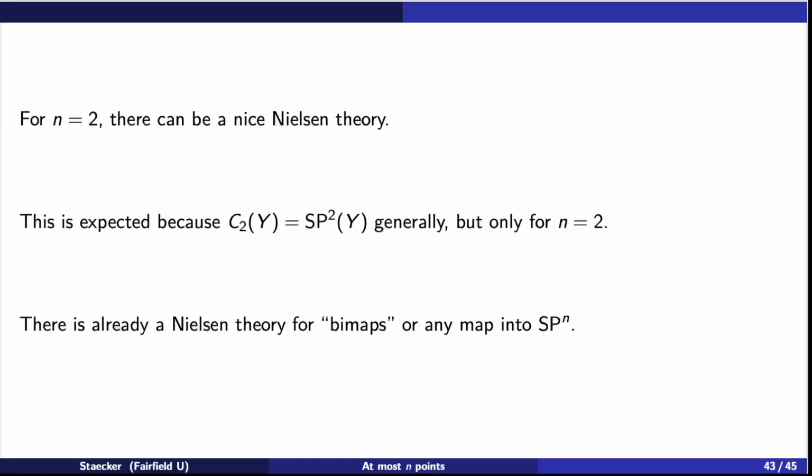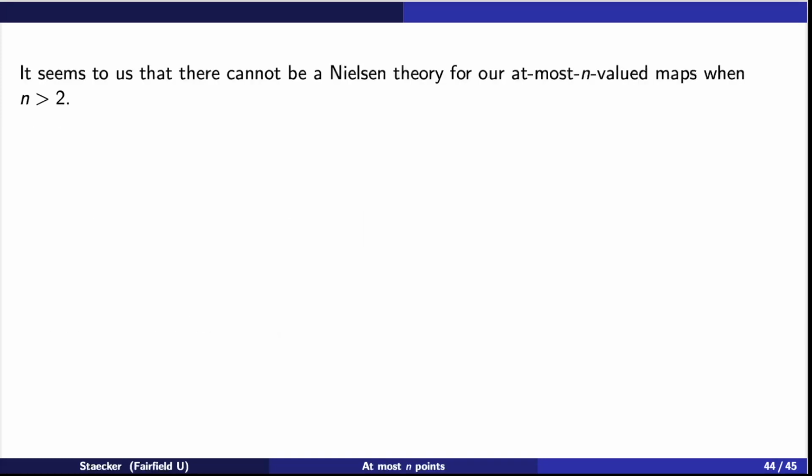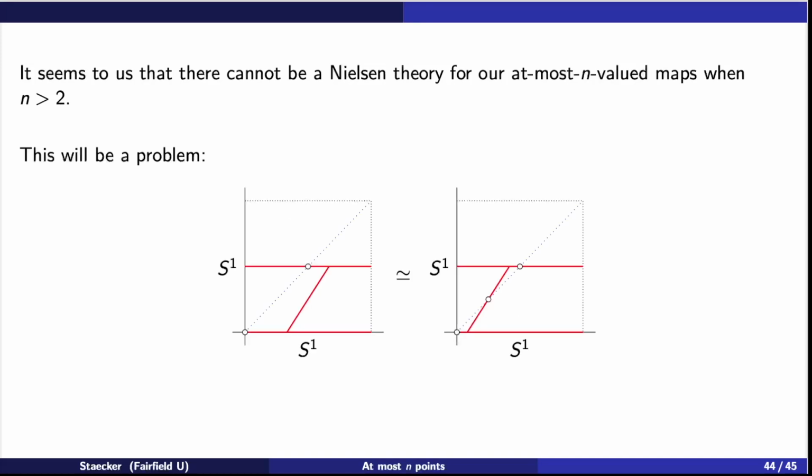All right. As I mentioned, there's already a Nielsen theory for bimaps and so on. And it seems to me that there cannot be a nice Nielsen theory for these kinds of maps when n is more than 2. Something like this is going to be a real problem. This is, again, my strange example. Here, we have 2 fixed points with local index of 1 each, I guess.